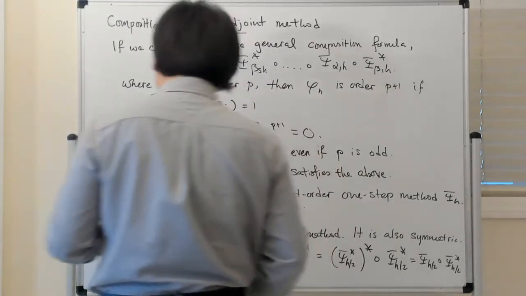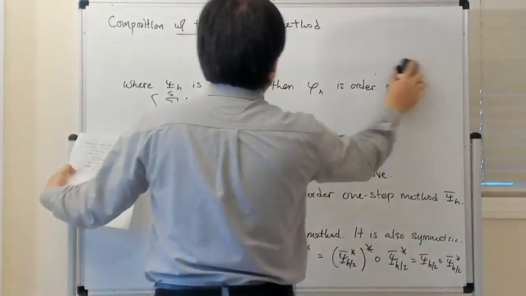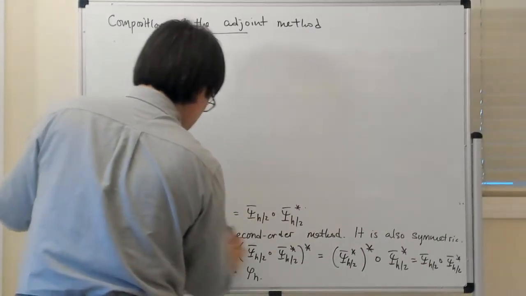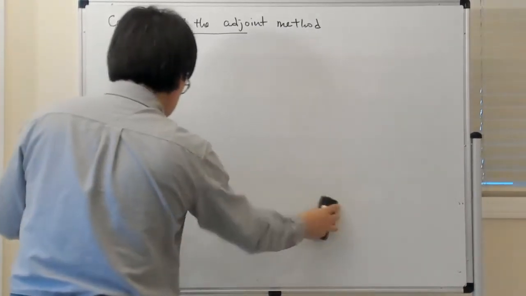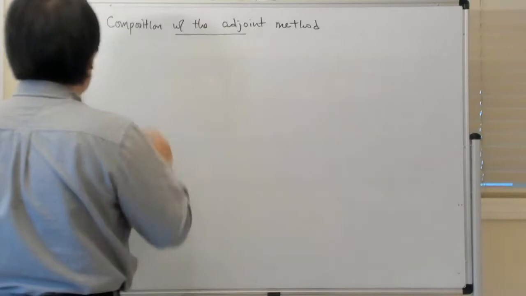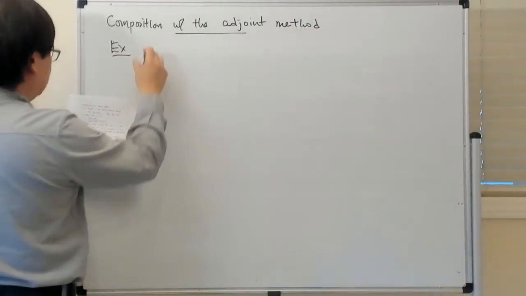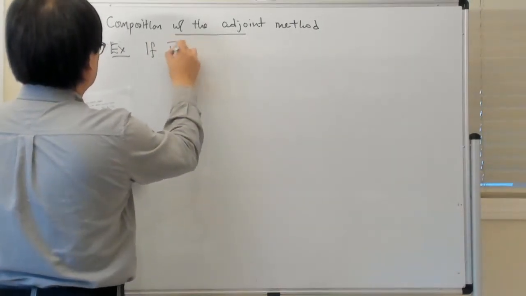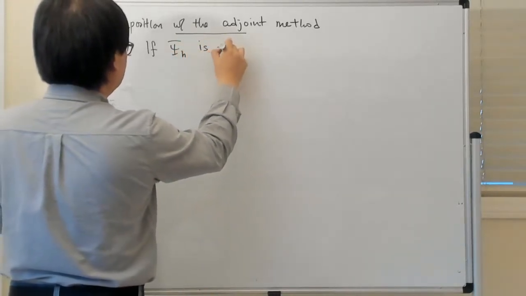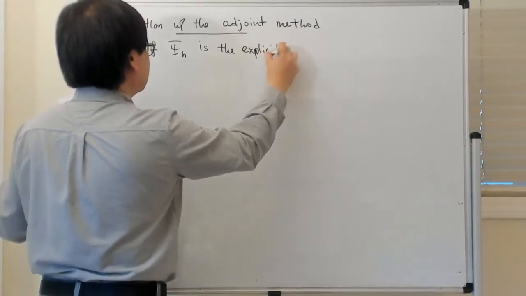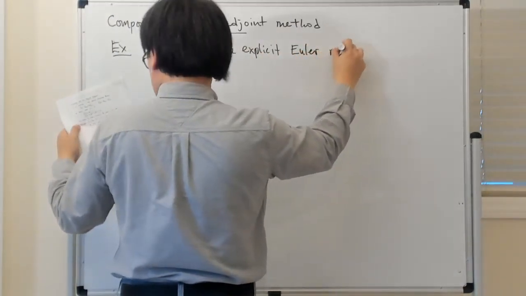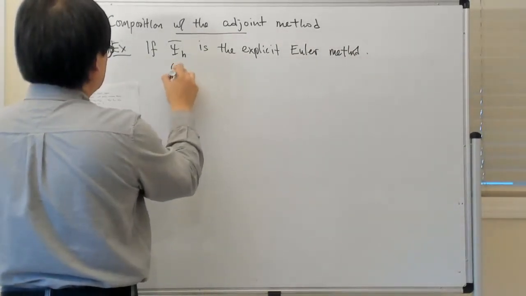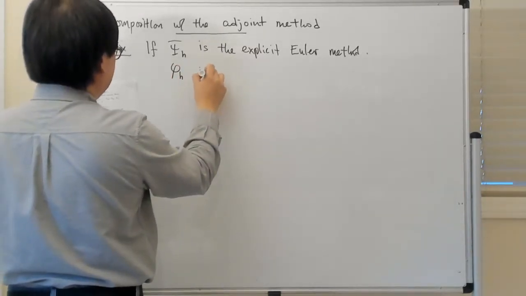So let's look at a bunch of examples now. For example, if your underlying one-step method is the explicit Euler method, then this composition method is the implicit midpoint rule.